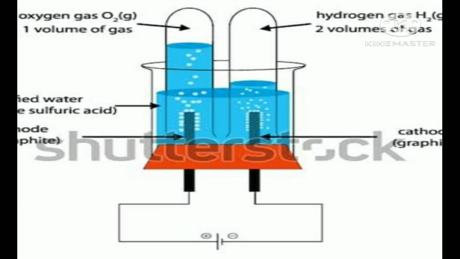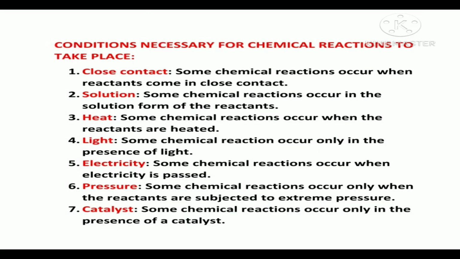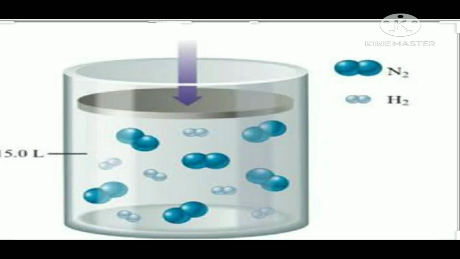The next condition is pressure. Some chemical reactions occur only when they are subjected to high pressure. So let's see an example of a chemical reaction where pressure is applied.